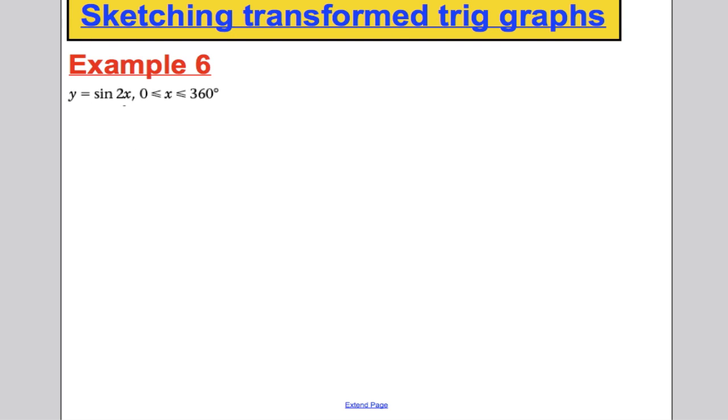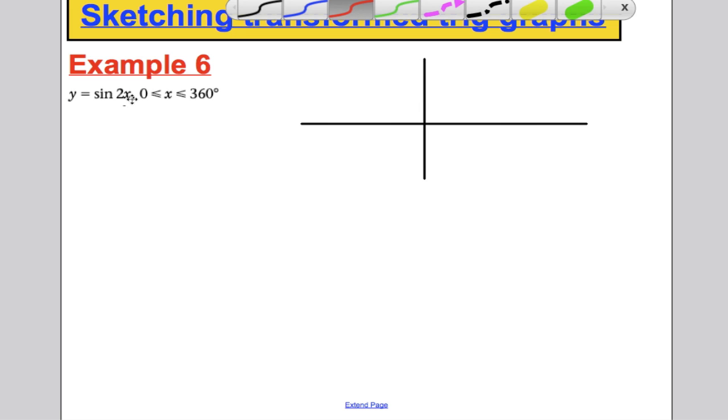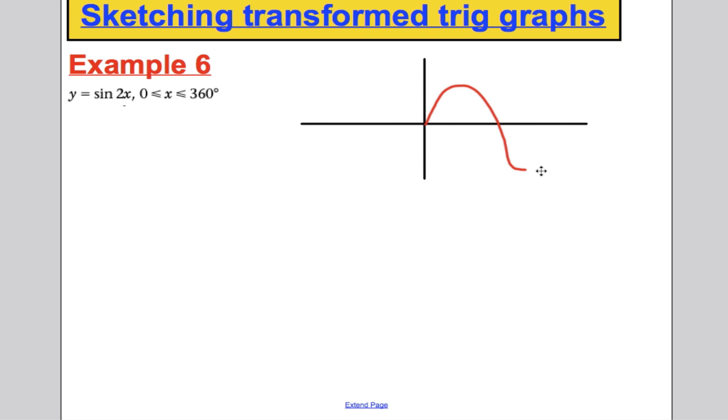Okay, we're going to do a few more now. I want to draw the graph of sine of 2x, just for my own benefit, between 0 and 360. I'm getting quick at these, it looks like this. It goes between 1 and minus 1. Sine of 2x, or 2x inside the function, actually squashes the function in the x direction, so it squashes it inwards by a factor of 2.